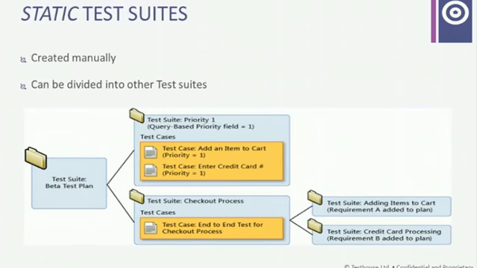Here's your static test suites. Okay, so you can make the hierarchy out of your static test suites, and then you can just put anything you want in them. They're not based on any particular query or requirement. You can just set them up and put whatever you want inside them.